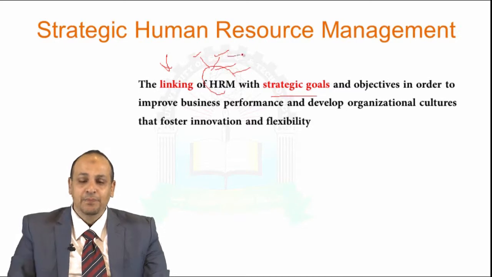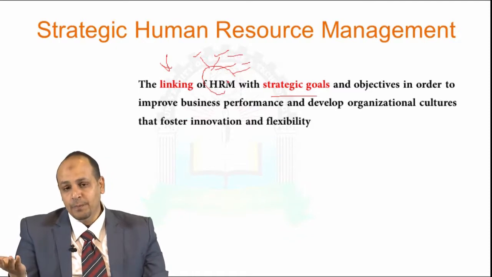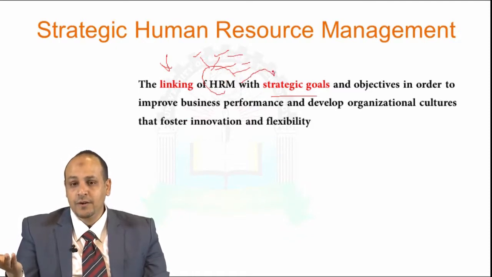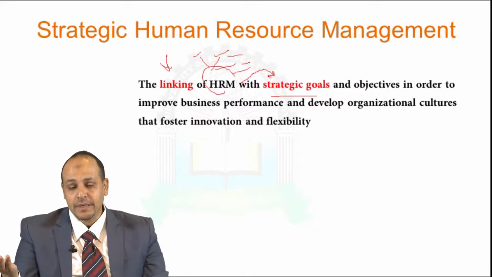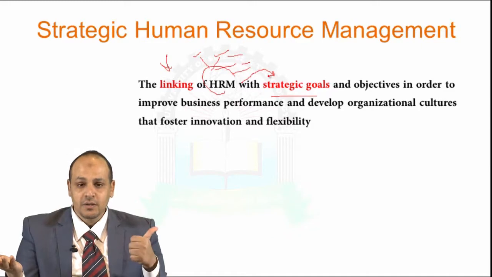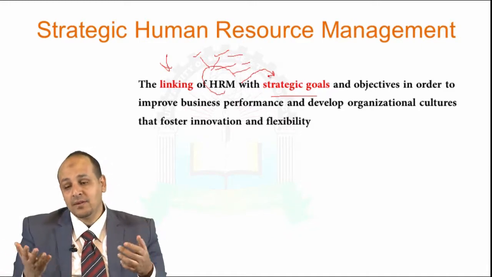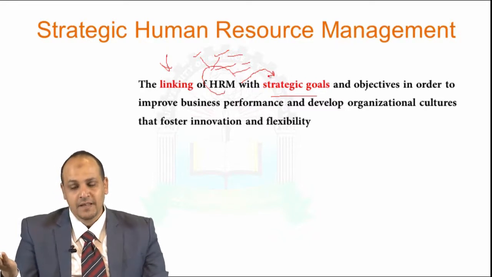So for example, if the company's strategy is to expand geographically, they need people who can work in different countries. Now it would be the human resource management's duty to choose, train, develop, and compensate those staff so that they can work in these places.